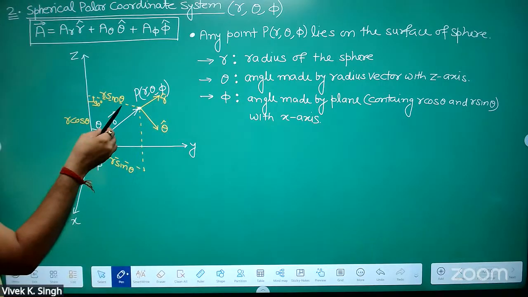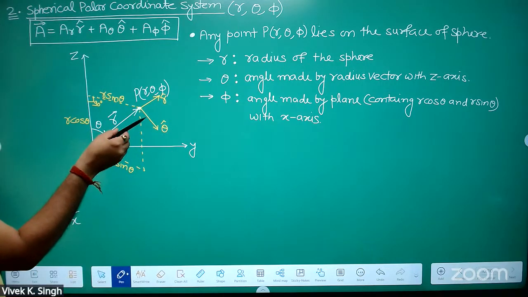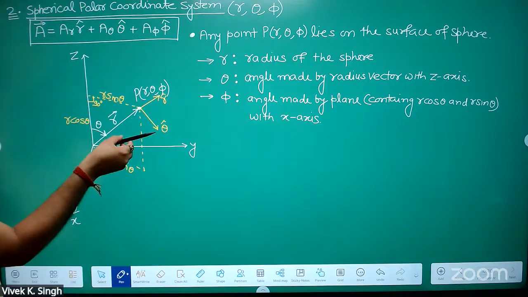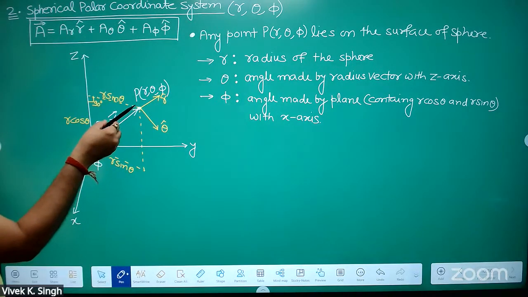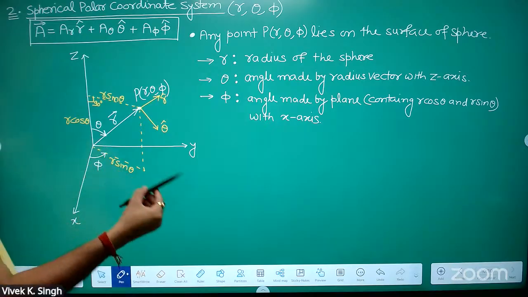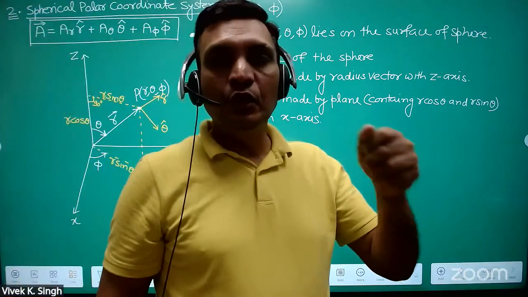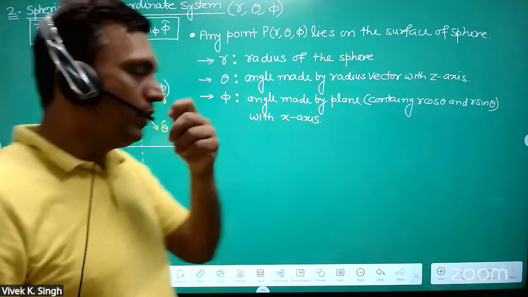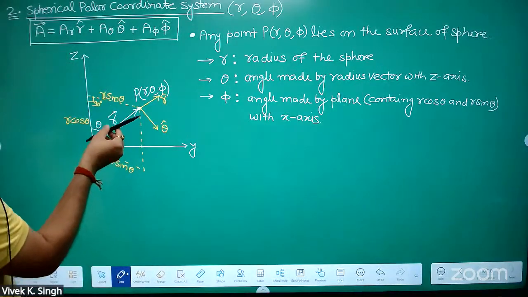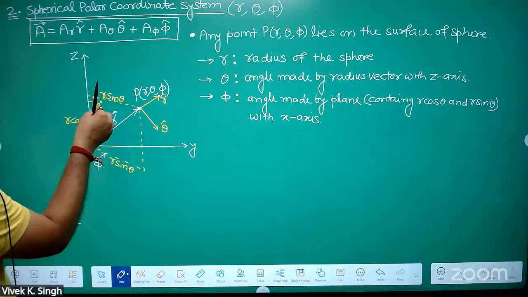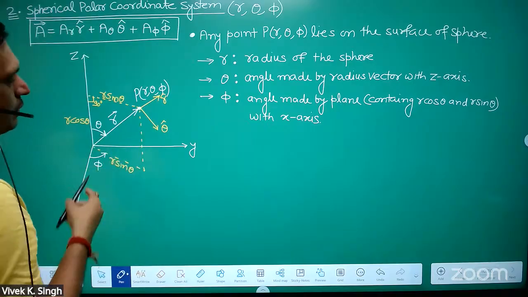Why? Because if point P moves along theta cap, is theta increasing or decreasing? See the arrow: theta is increasing. So this is the positive direction. We have to specify the positive direction of r cap, theta cap, phi cap; the opposite direction is negative, because if you move in the opposite direction, theta will decrease. So this is the positive direction of theta cap.